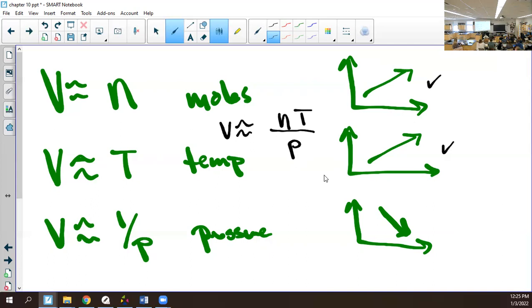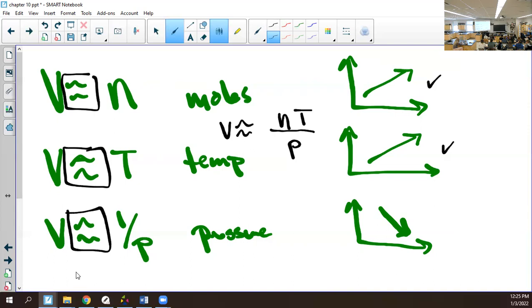Okay. Now, in science, a lot of times we know there's relationships, but they don't work out perfect, especially with units. So in order to make these roughly proportional to, scientists have come up with what we call the gas constant.